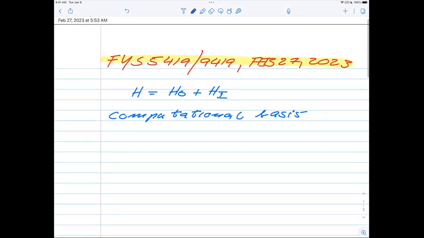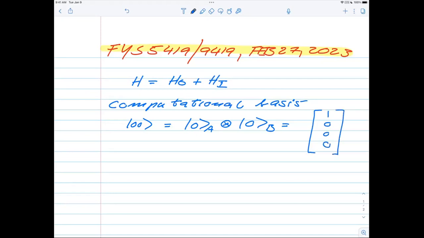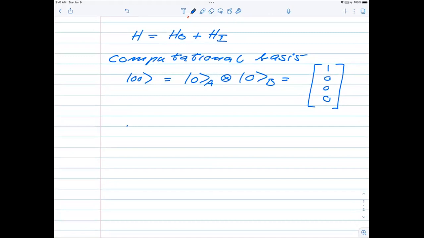So this computational basis is now going to be given by this state 0 0, where this one is actually the tensor product of qubit 0 in system A and qubit 0 in system B. And it becomes equal to this vector, which has 1, 0, 0, 0. Then I'm just going to state the other ones quickly. So these are the other states, 0 tensor product with a 1 of B, and this becomes equal to 0, 1, 0, 0.